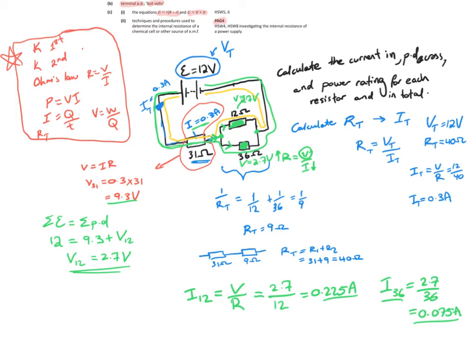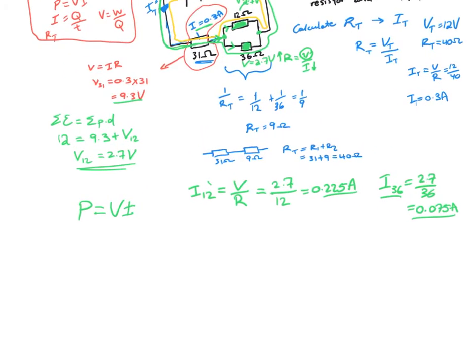So I have calculated the current in each resistor, the potential difference across each, the total current and potential difference in the circuit, and I just need the power rating. Since I already know the current and the potential difference across each component, I can simply use P is equal to VI.